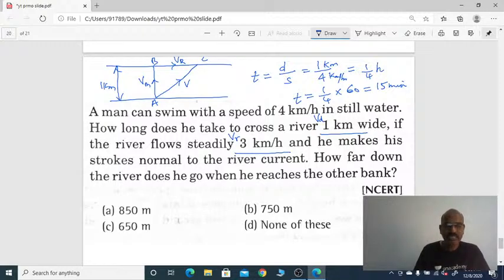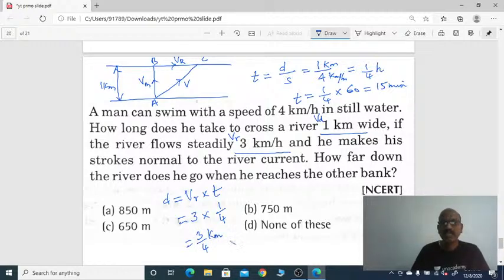Now what is the distance travelled along the river? The time we know, and the distance travelled equals the velocity of the river into time. The velocity of the river is given as 3, into time 1/4, so 3/4 kilometer.